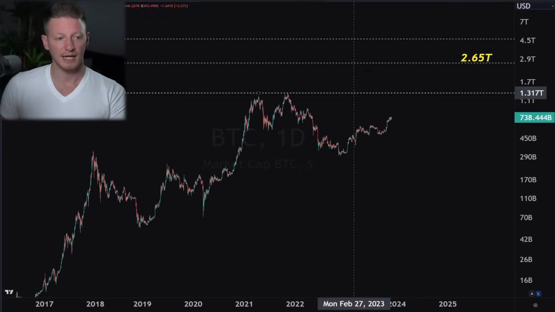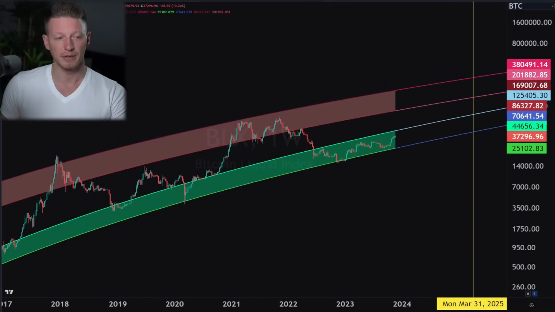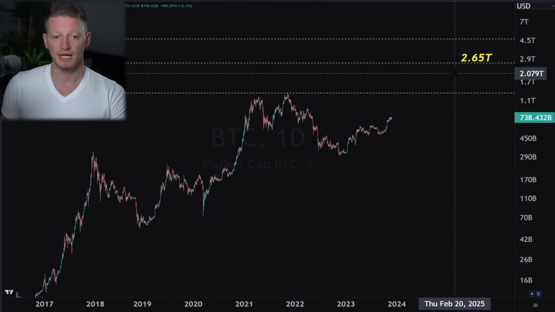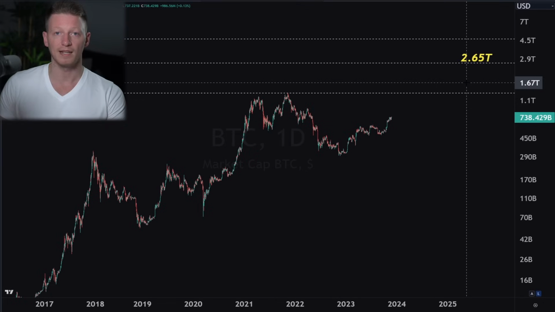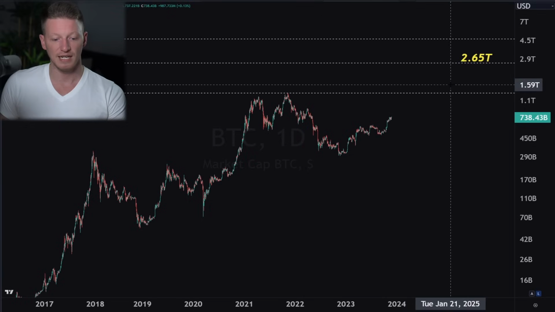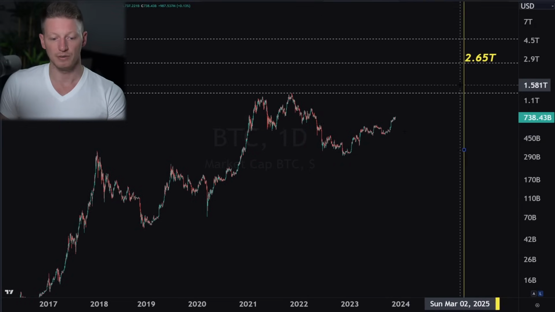Well, remember that that's $130,000 per Bitcoin, but the supply of Bitcoin is constantly changing. So we need to take into account the supply of Bitcoin, where that might be in 2025, remember, Q1 of 2025. And we need to take into account what the market cap will be, and why are we doing all this?